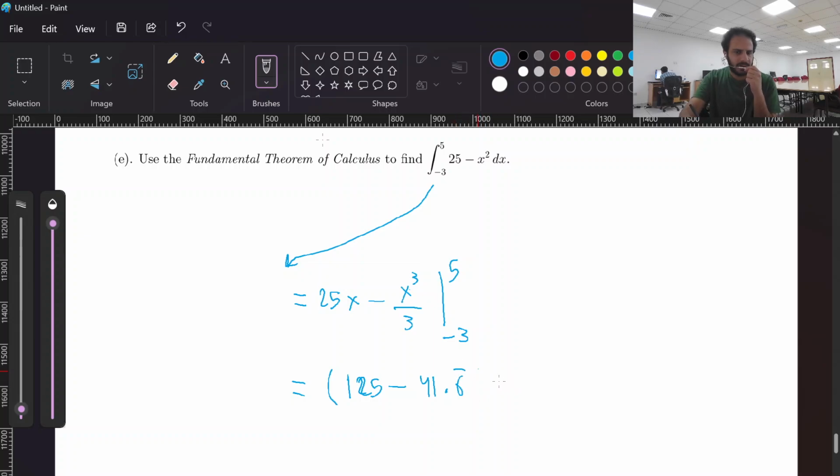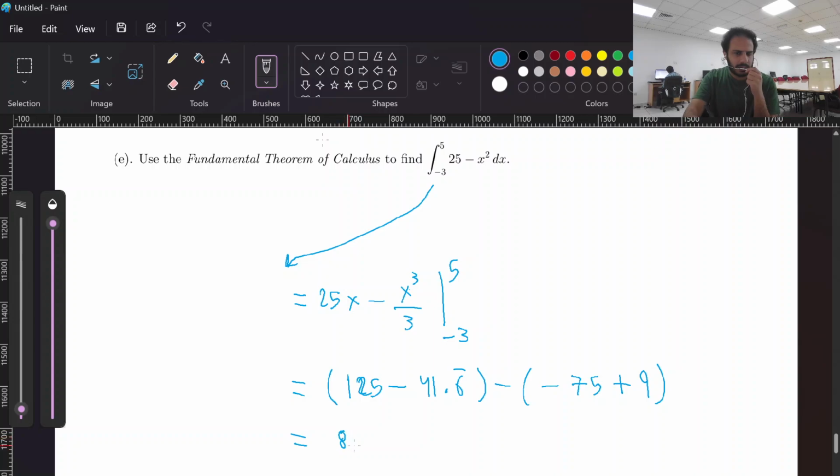Then close the parentheses. Then minus, open the parentheses, substitute minus 3 now. You get minus 75. Then minus 3 cubed is minus 27, and you have minus, it's plus 9. Plus 27 over 3 is 9. So you get this. The first parenthesis has the value 83.3 repeating.